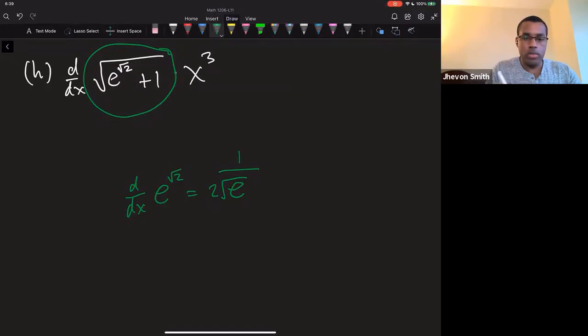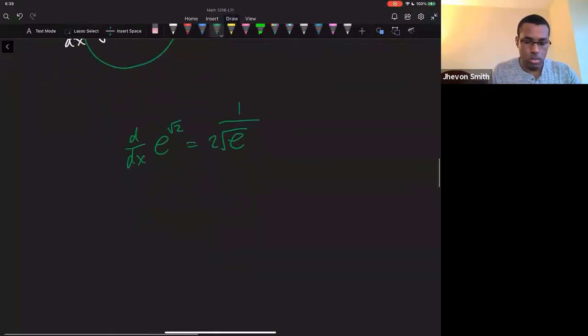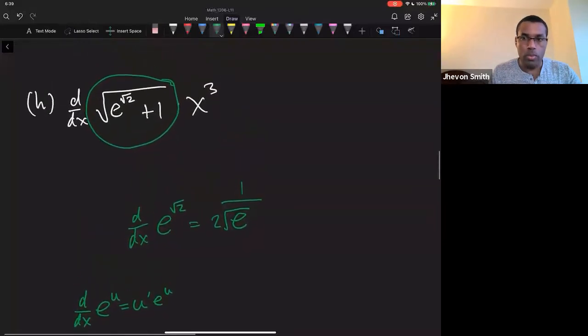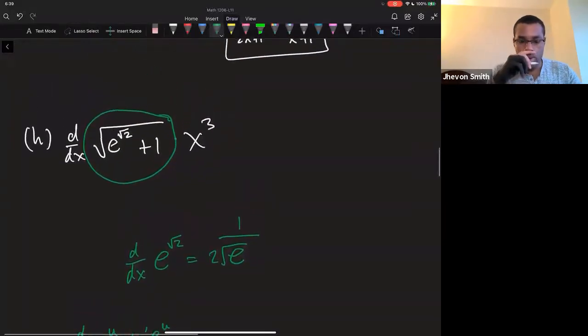You mean an exponential function? Are you referring to d/dx of e to the u is u prime e to the u? I think so. Or is it the derivative of the power times the original function? Or you don't do anything to the power with the exponential.